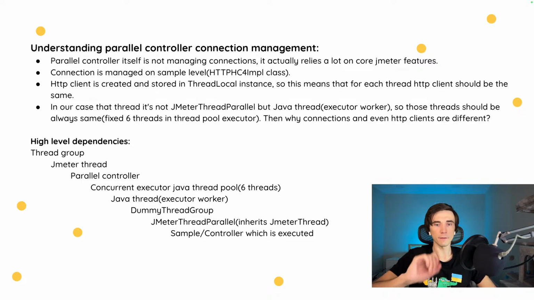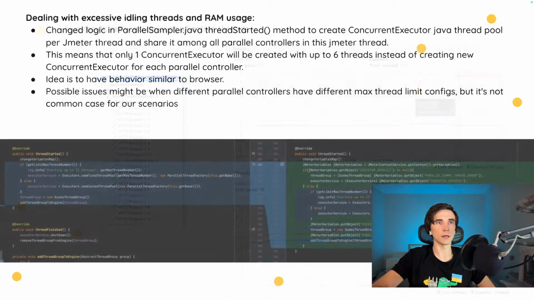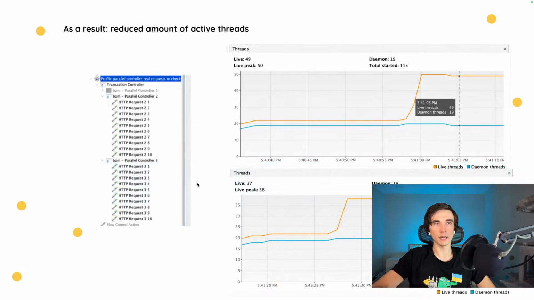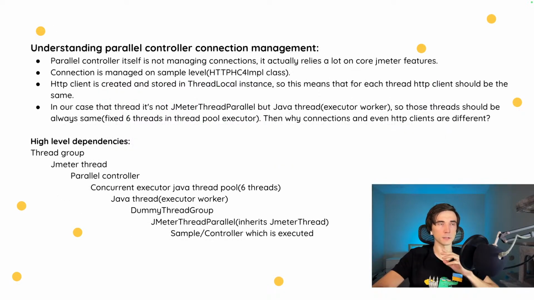But after our previous fix, when we start reusing the thread executor, like this concurrent thread pool and these concurrent threads, we have a constant 6 threads, right? And the HTTP client itself should be the same, because new threads are not created.